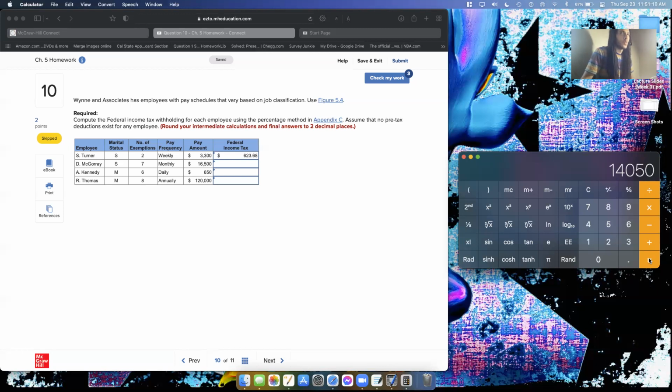So we are going to take $14,050 of taxable income and subtract $13,710, as we are looking for the excess over that, as that is the minimum income in this range. So our excess is equal to $340.